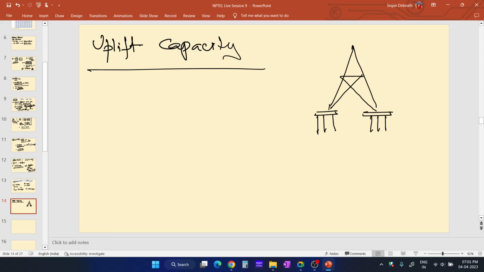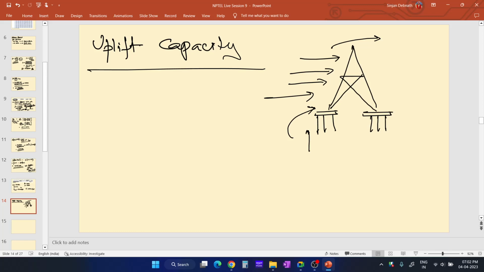Suppose due to wind load, wind and earthquakes, wind is coming from this direction, and it will try to rotate the tower in this direction, due to which these piles will tend to move upward, right?